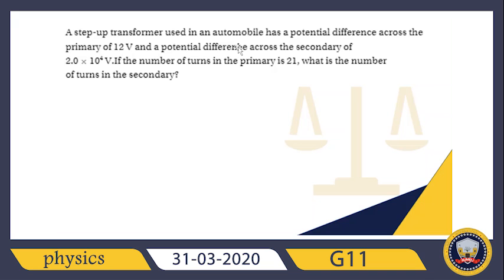And the potential difference across the secondary is 2 times 10 to the power 4 volt. So V1 equal to 12 and V2 equal to 2 times 10 to the power 4, that means 20,000 volts. If the number of turns in the primary is equal to 21, that means N1 equal to 21. What is the number of turns in the secondary coil?